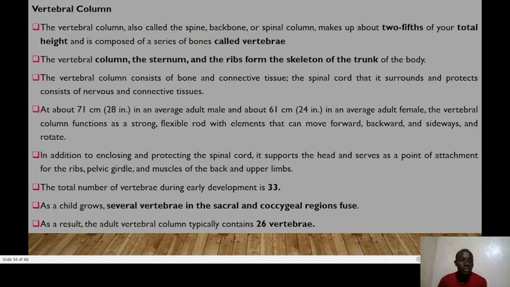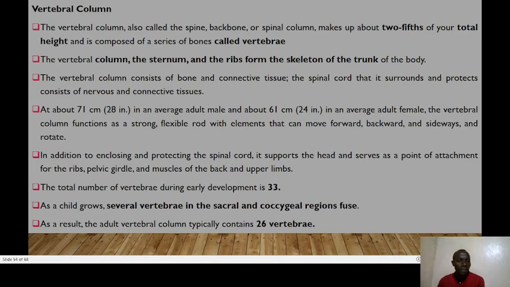The vertebral column consists of bones and connective tissue. The spinal cord that it surrounds and protects consists of nervous and connective tissue. The length is about 71 centimeters in an average adult male and about 61 in an average adult female.